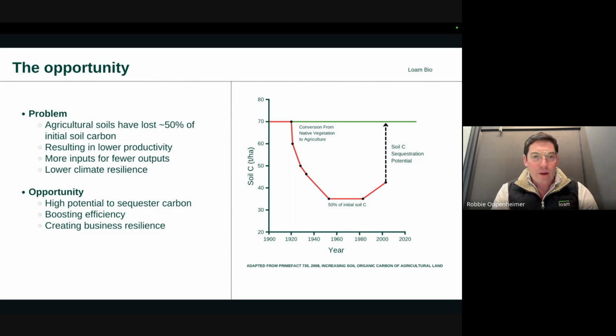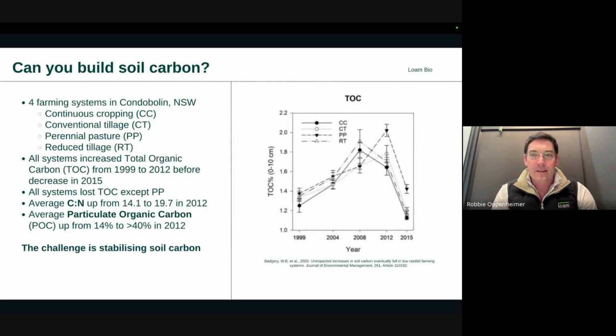And so if you've thought about this or talked to anyone in the space before, you will have seen or experienced skepticism around whether it's even possible to build soil carbon. And people are right to question that, because if you look at the data, if you look at an example, here's a 16-year trial of different farming systems in Australia.